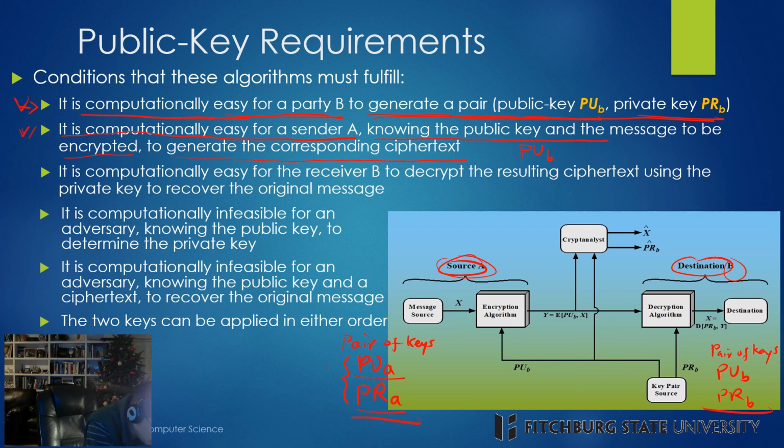So it's computationally easy for sender A, knowing the plaintext and the public key of B, and using the encryption algorithm, to generate a ciphertext Y. Okay, so it's computationally easy.